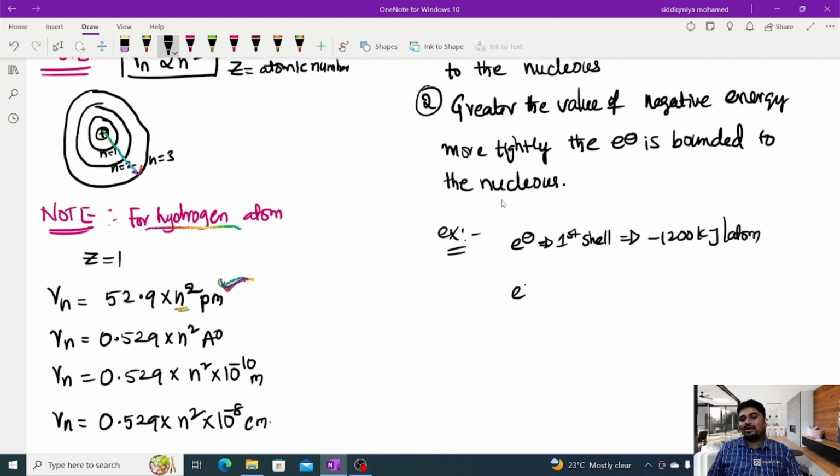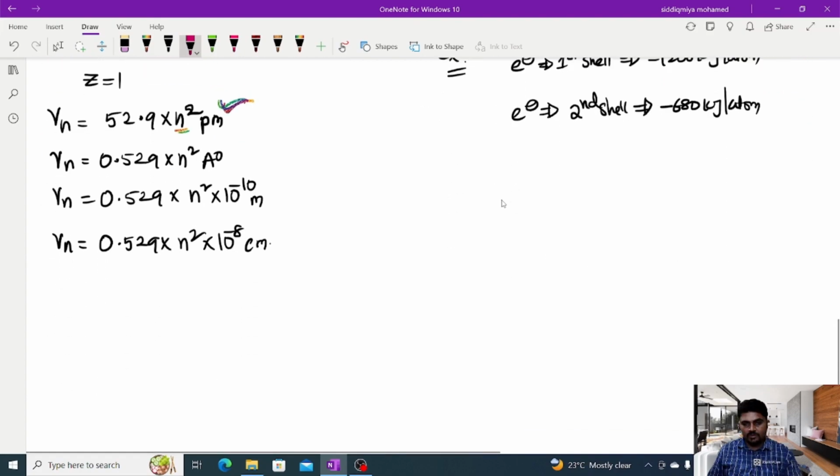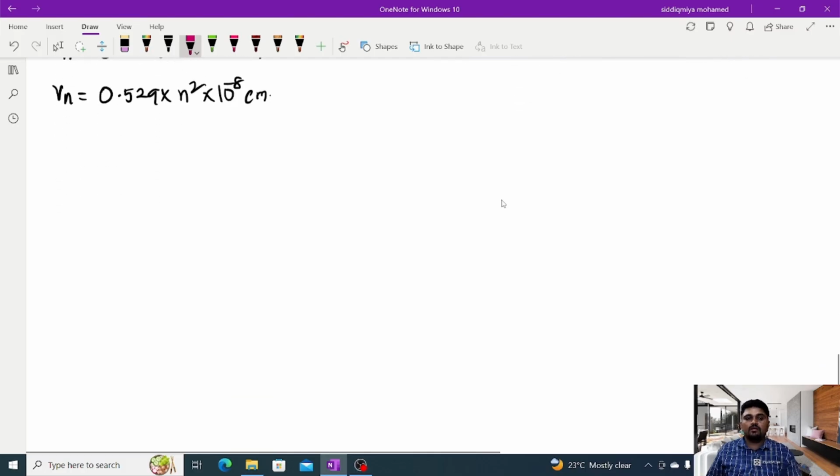Another electron is there in the second shell, and for that we have minus 680 kilojoule per atom. Which is strongly bound here? The first one is strongly bound. That is the meaning.